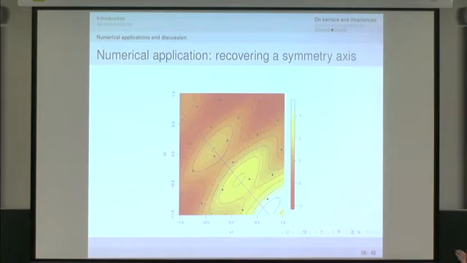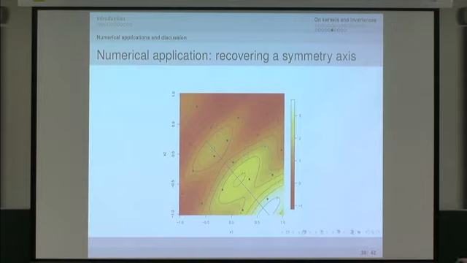So here we address a simpler problem, which is I know it's symmetrical, but I don't know the axis of symmetry. So basically, we are going to take this function here with noisy observations, and then we are going to assume that it has an invariant kernel driven by an axis that is parameterized by two parameters.